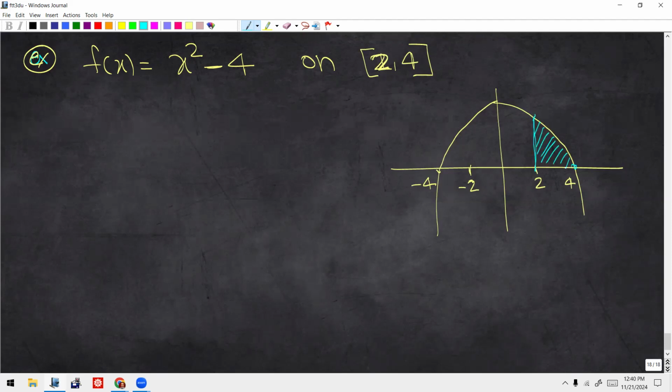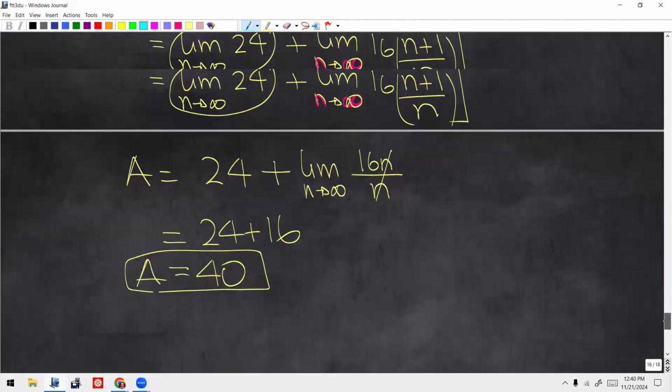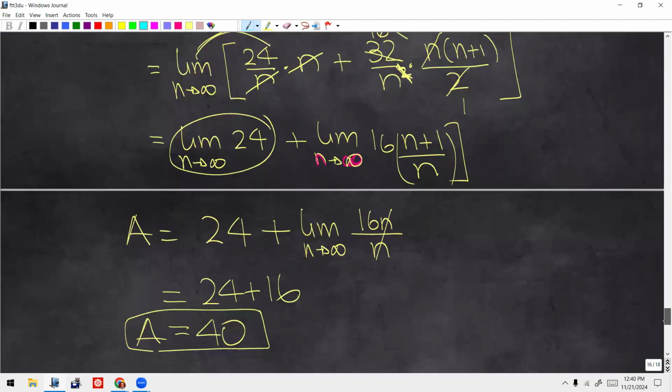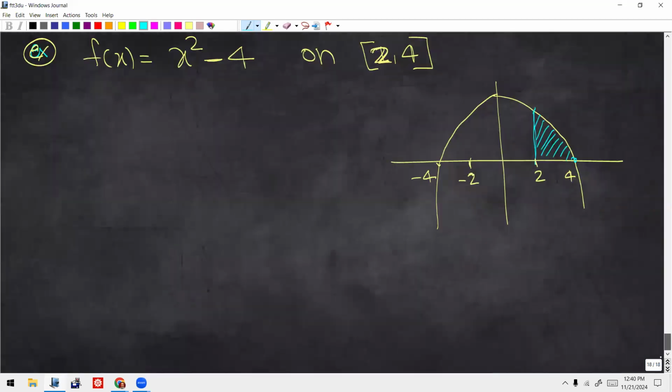So this is a perfect example for that. Okay, are we good? So I've convinced you the method works, right? I convinced you with the last example that the method works, and now I'm showing you an example where we don't have any way to find the area in geometry. Is that okay? So we're going to use this technique to find the exact area.